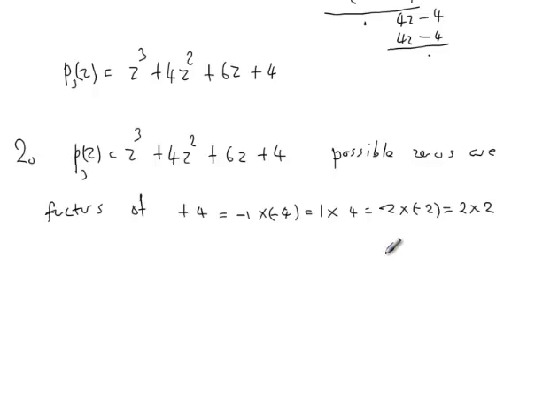You go through the factors bit by bit, and you'll get one of them. It's not all of them. These are the possible ones, but I can start from 1 and then 2, whatever, and go on. For example, if I start with 1 here, you get 1 plus 4 plus 6 plus 4.